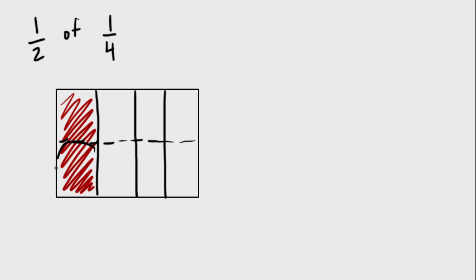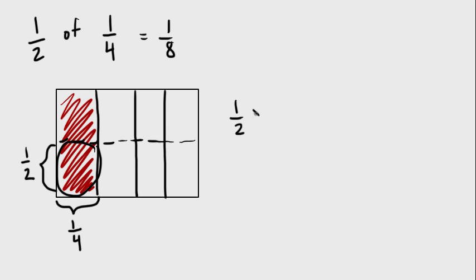So if we're taking this one, this right here is our fourth. This right here is our half of a fourth. And what we're doing here is we got our 8th. We are multiplying. And to multiply fractions, we multiply straight across, and it is 1/8. So that's how we would do that type of problem.